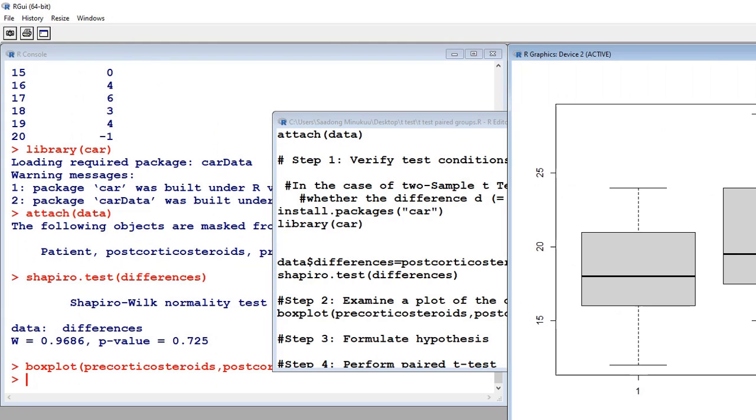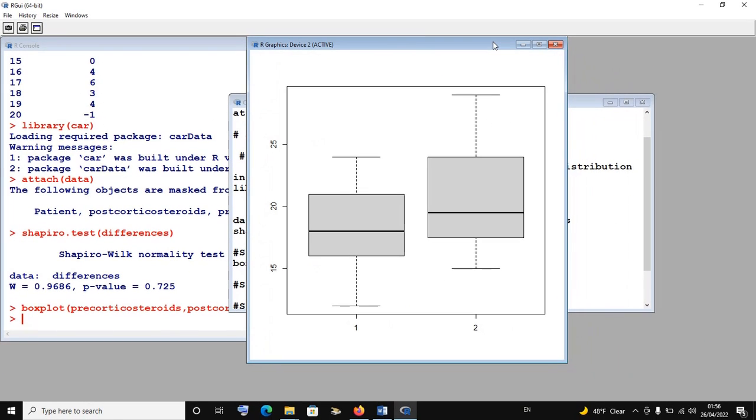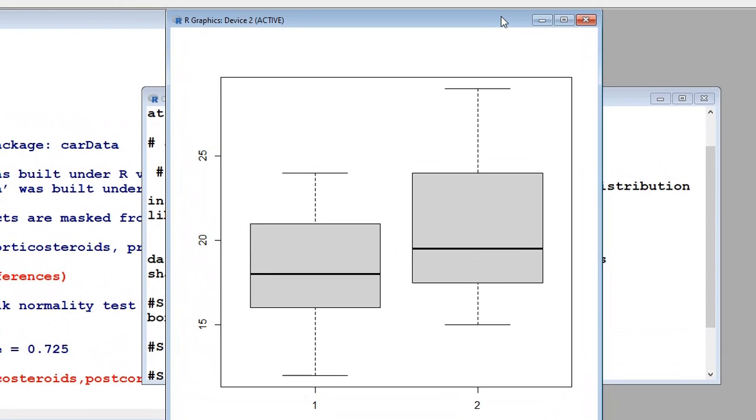Okay, now this is our box plot right here, and by looking at the box plot, what can we see? We can see clearly that number one is the pre-corticosteroid treatment, that is before corticosteroid treatment. You realize that before corticosteroid treatment, the patients generally had lower body mass index values, but after the corticosteroid treatment, they had higher body mass index values.